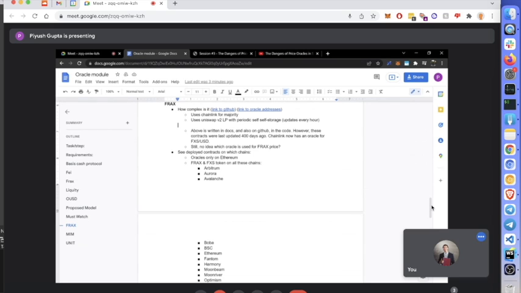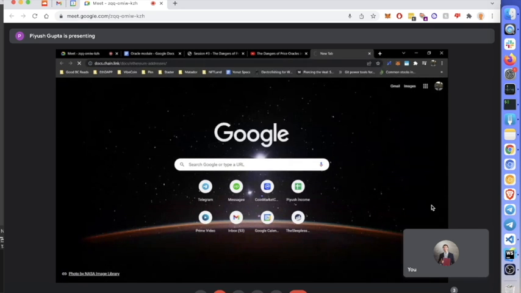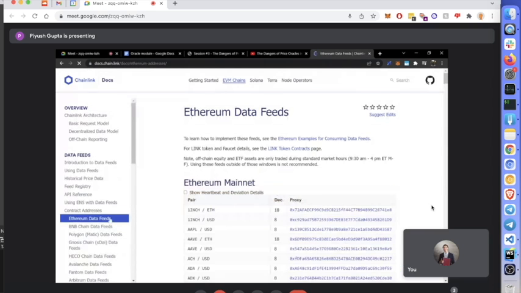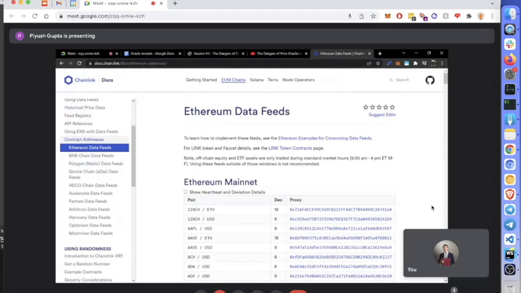You can check literally right now. You can go on Chainlink, because it's blocked on my side. Would you know where? FXS.